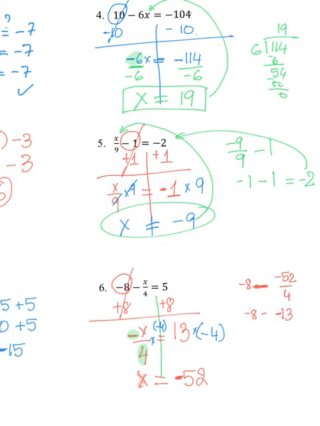Negative 13. And then when I see that subtraction, I'm going to do KAO. Keep, add the opposite of negative 13 is positive 13. Different signs we subtract, keep the sign of the higher number. Here we go. All right.